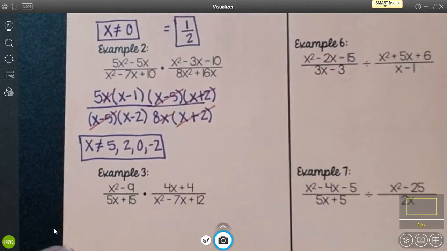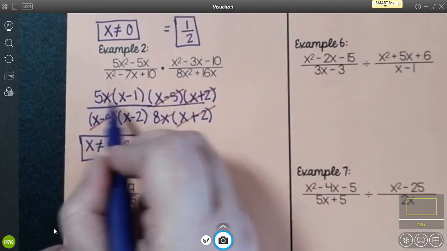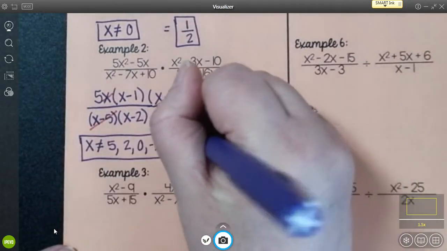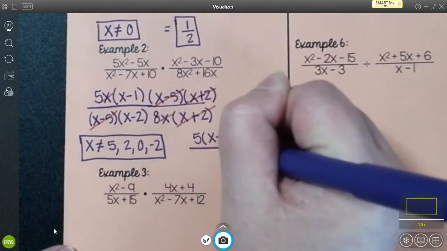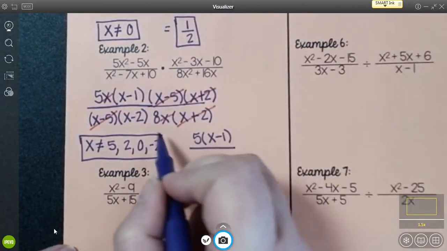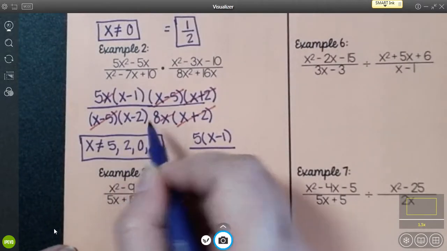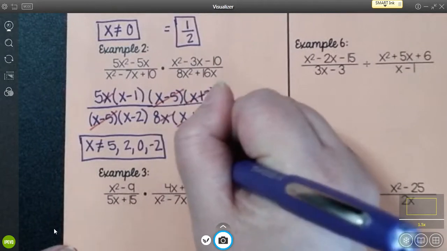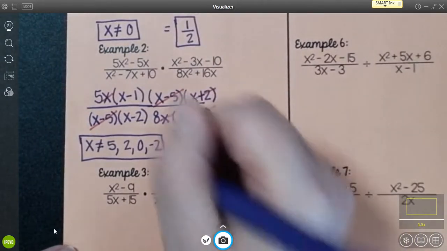Good. So what's left over in the numerator? A 5 and an x minus 1. So 5 times x minus 1. And then on the bottom, yes, we have the x minus 2 and we have an 8. I like to put my 8 out in front. And then the x minus 2.